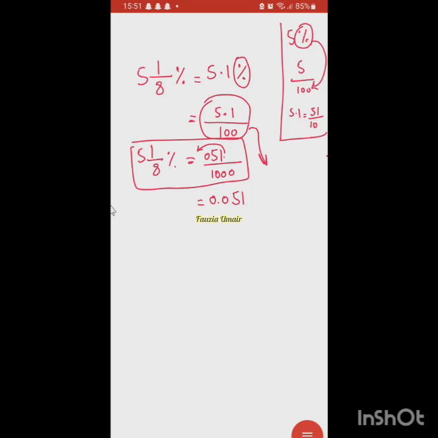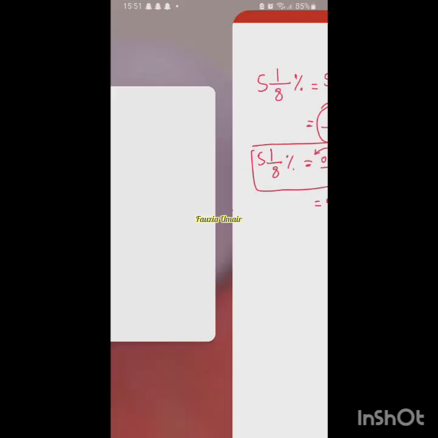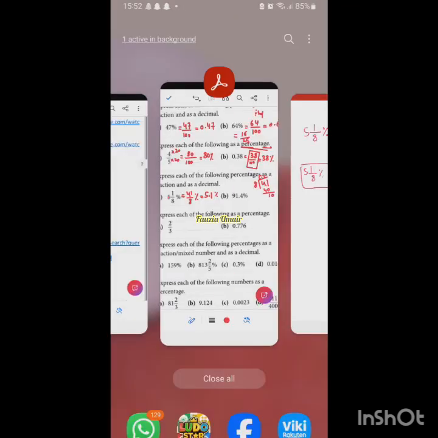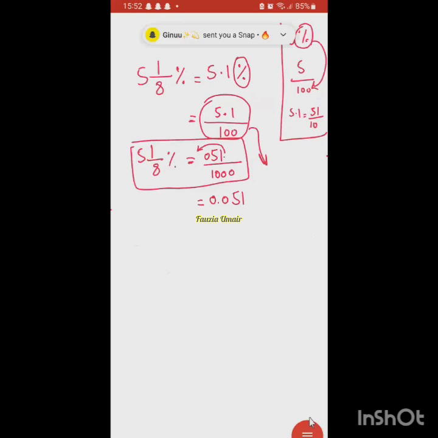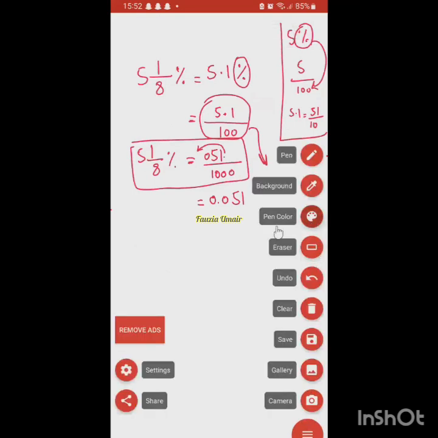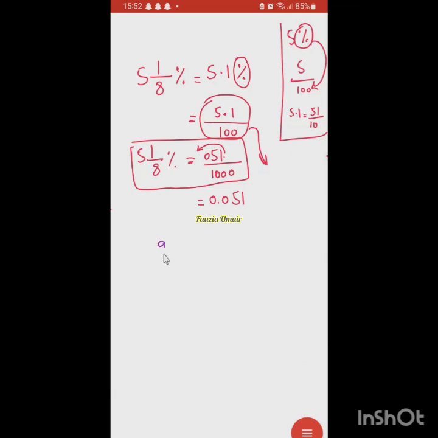Okay? All right. So the second part is 91.4%. What will this be in the fraction form?